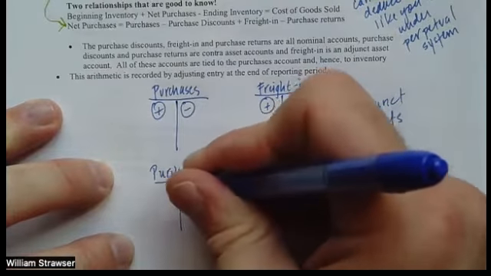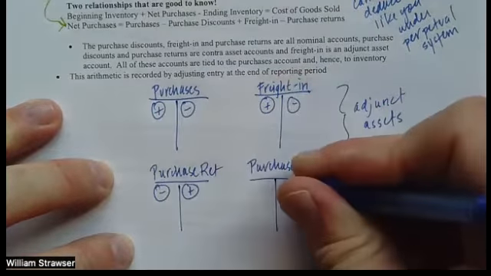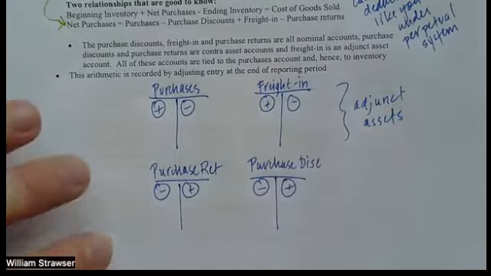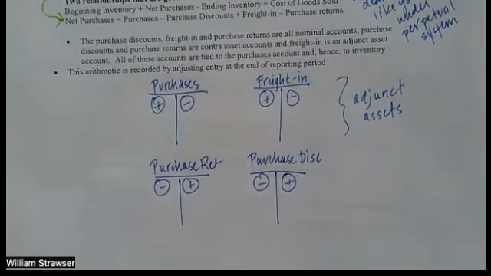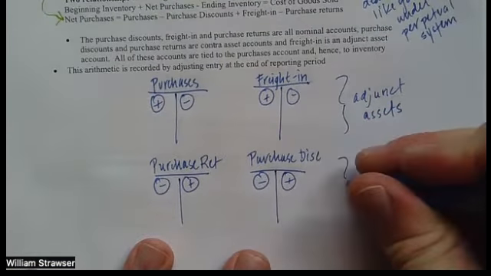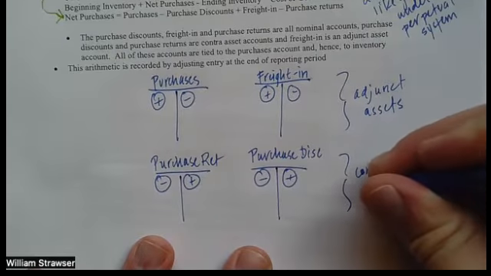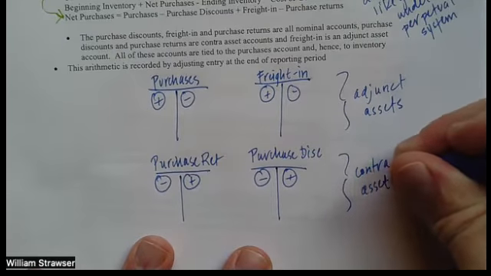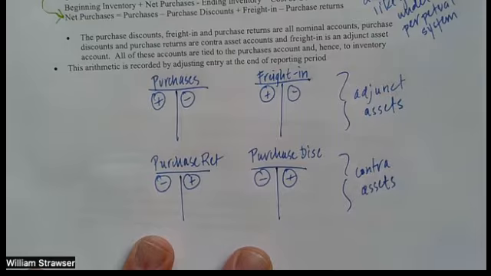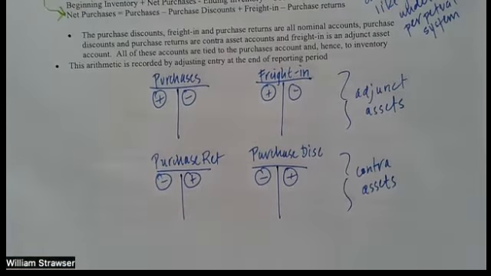These are both contra asset accounts, because if I get a discount, if I take a discount on inventory that I'm purchasing, then it reduces the overall cost of my inventory. And if I return any inventory that I purchased, well, then I don't have it in my place of business any longer. It's going back to the person I bought it from.